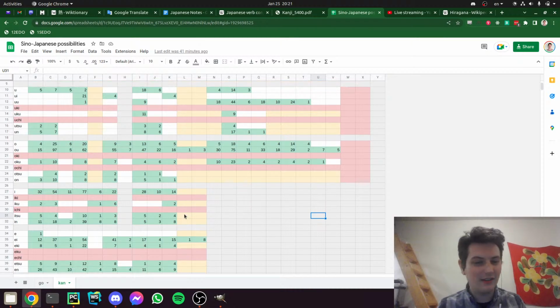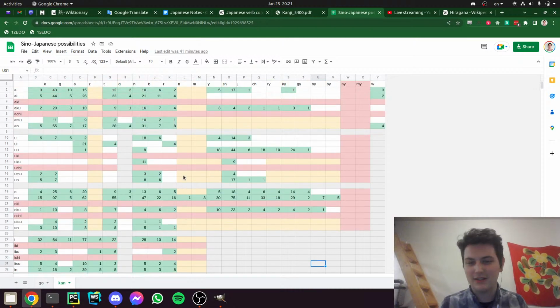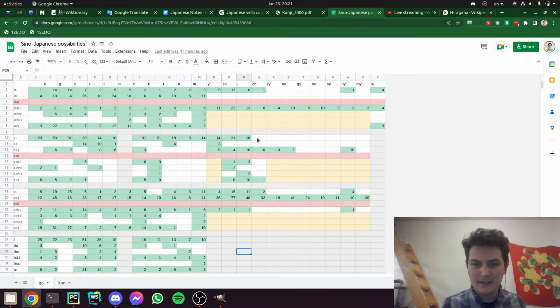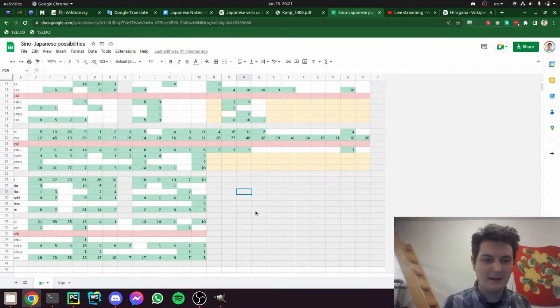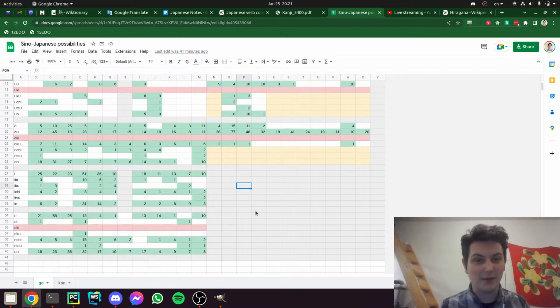Who knows, you know? Data sparsity is always the kind of thing where even if I look at more and more kanji, maybe I'll fill in more and more of these cells and break into some of these regions that I've marked off in yellow, but you'll never really know where the real boundaries lie anytime you're dealing with data sparsity.